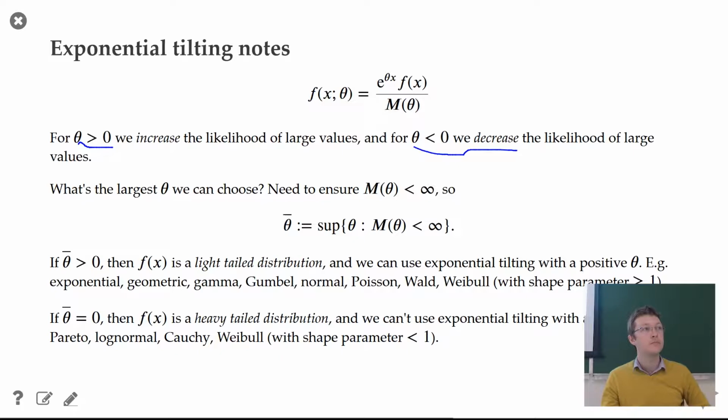Is there really a specific definition for a heavy-tailed distribution? This is it. This is the definition. If you can't push the moment generating function above 0 and get some number, then it's heavy-tailed.